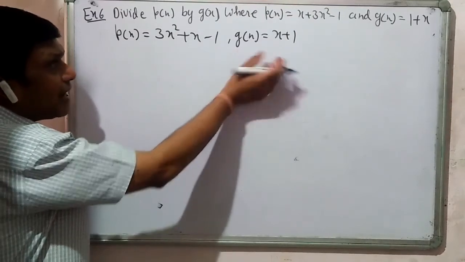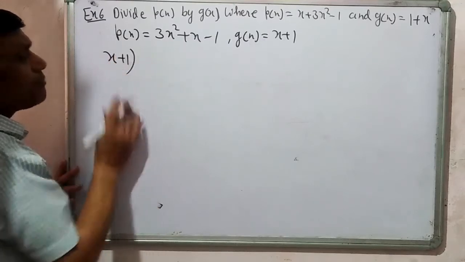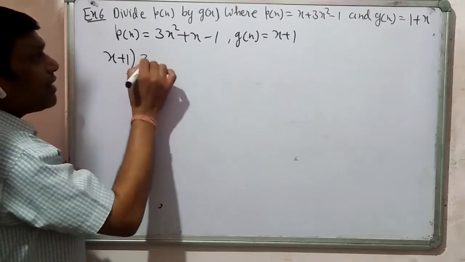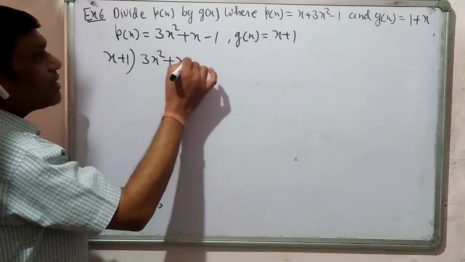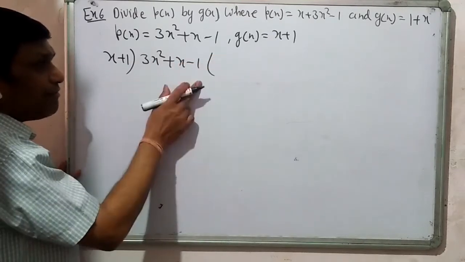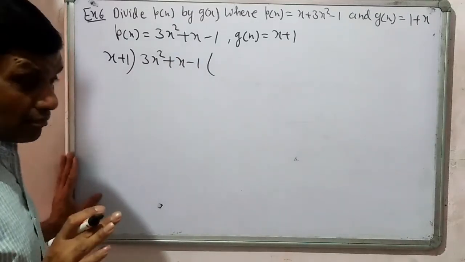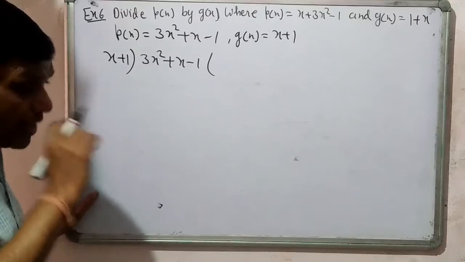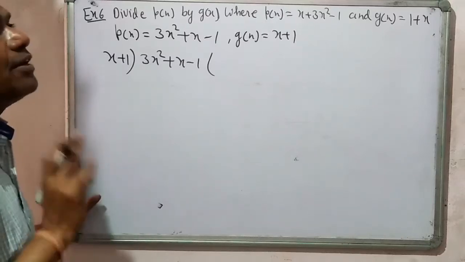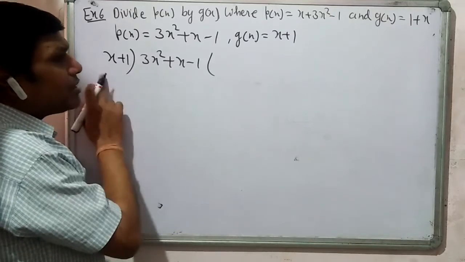So when we are dividing it, we have to write the divisor x plus 1 in the divisor part. Dividend will be 3x square plus x minus 1. That was our first step, writing them in the standard form. Then I told you we have to repeatedly use the same step, highest degree term divided by the highest degree term.